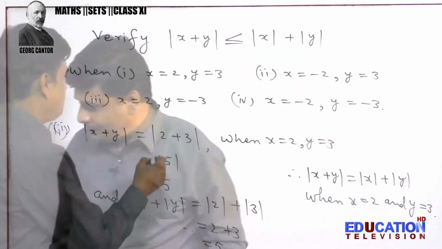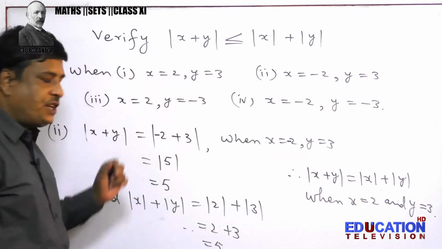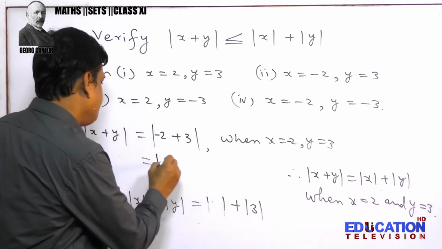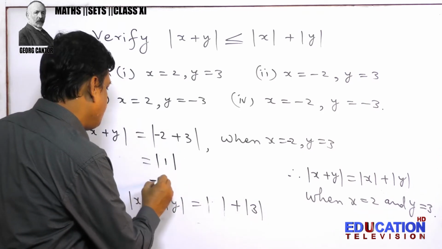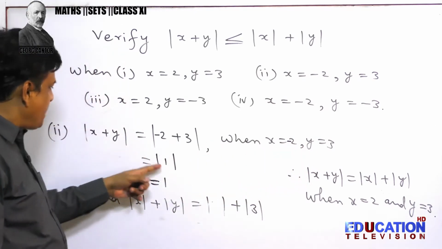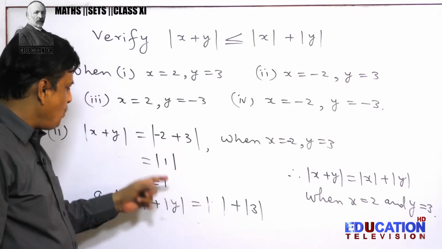Now in the second case, when x is minus 2 and y is 3, modulus x plus y is modulus of minus 2 plus 3, which is modulus 1, equal to 1.